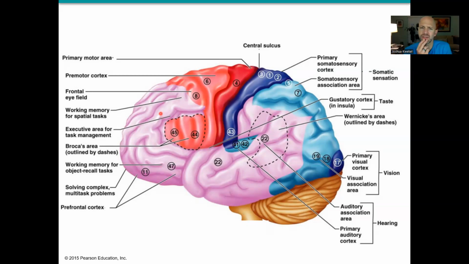Higher executive function. So that's just one important landmark to distinguish front of the brain, back of the brain. All of the back of the brain is sensory. All the front of the brain is motor and higher executive function. Think about thinking.